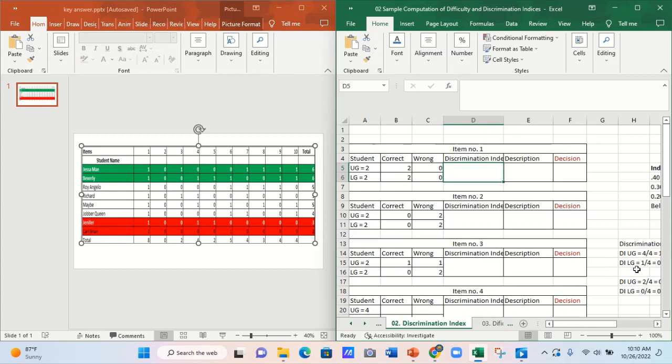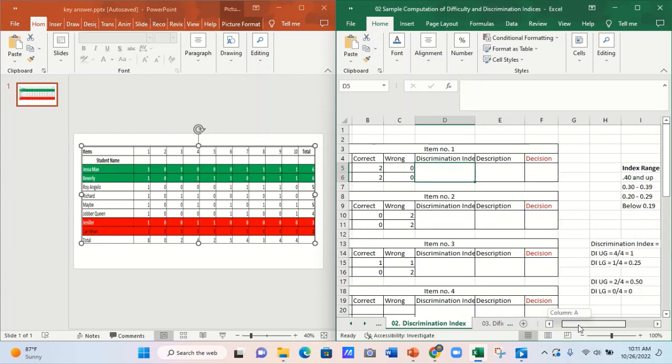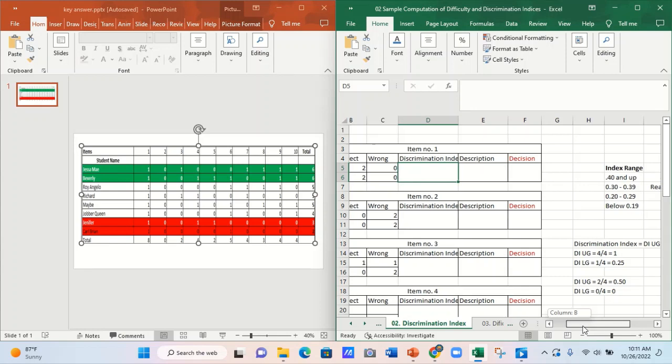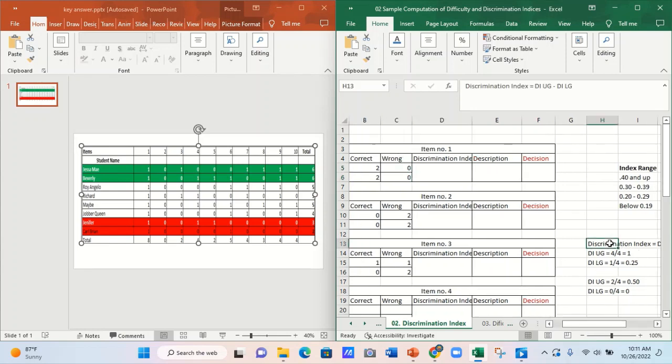Now class, again, the solution for solving the discrimination index is to first get the difficulty index of the upper group and the difficulty index of the lower group, and then we subtract both.